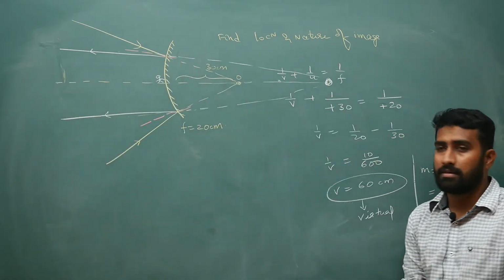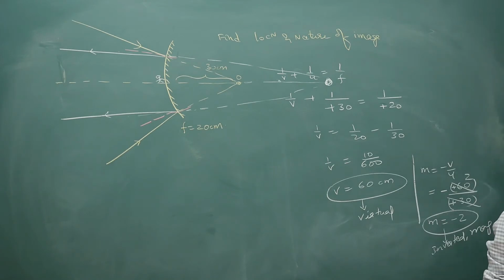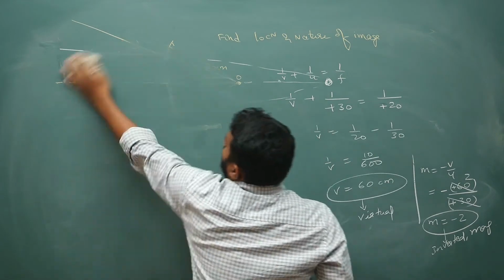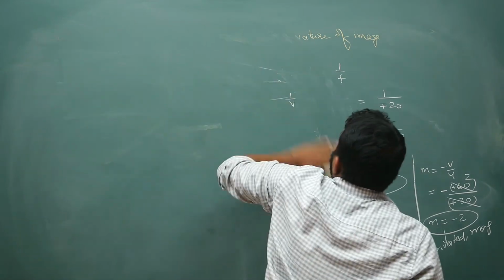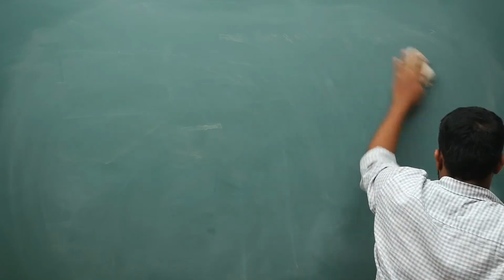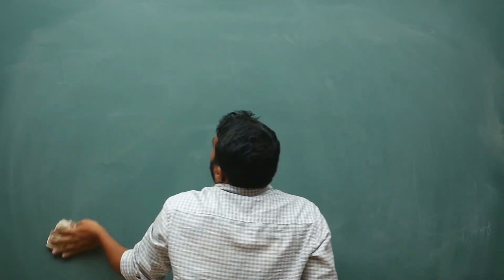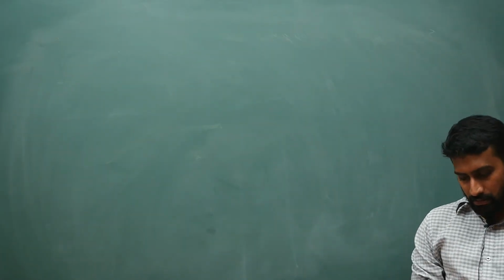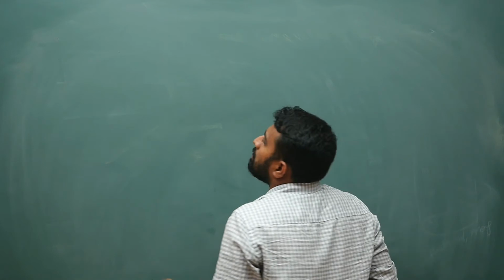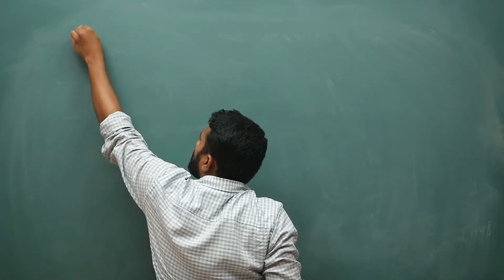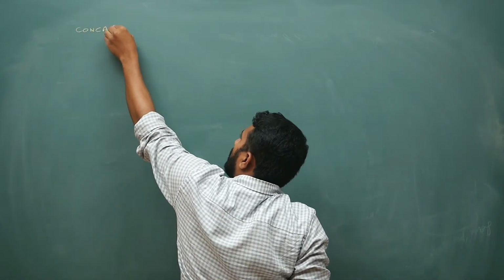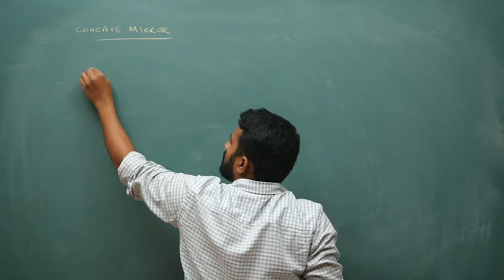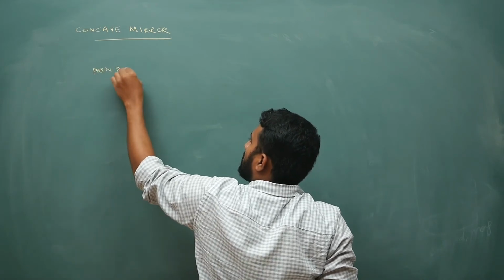Next is an important standard table, and a ray diagram in each case you are supposed to draw. I want you to copy it in a separate page, do the calculation and then draw a proper ray diagram. Put the table like this. Keep the heading as concave mirror in your book, and then position of object in the first column.